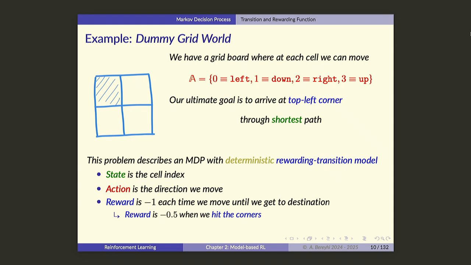And then what is the rewarding system here? If I am at this cell and I do any action that moves me to another cell, I'm going to collect reward -1. That makes sense because I'm looking for the shortest path.